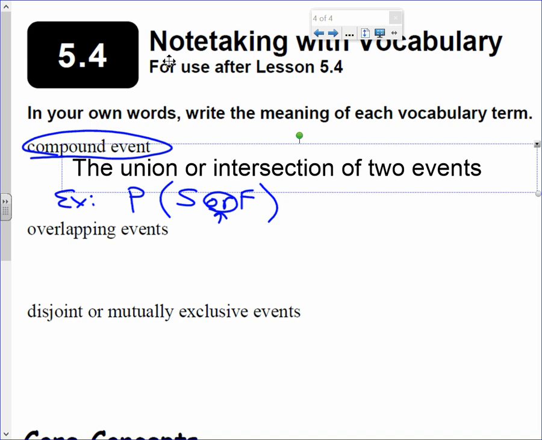Overlapping events are two events that have one or more outcomes in common.